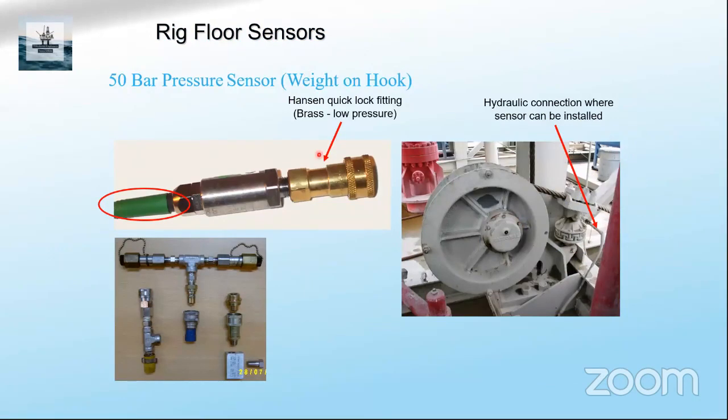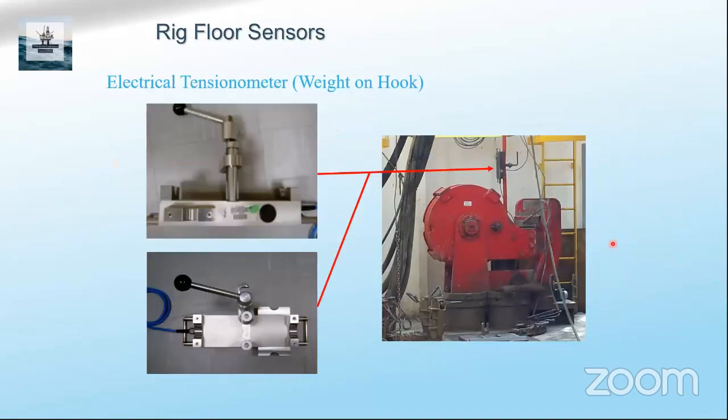As I told you, these are all types of the wear on hook, or these hydraulic pressure sensors, and this one is the deadline anchor. Here where the tension is, it's measuring the tension actually, which is then converted to weight. And this is the electrical one. Nowadays most companies are using this.